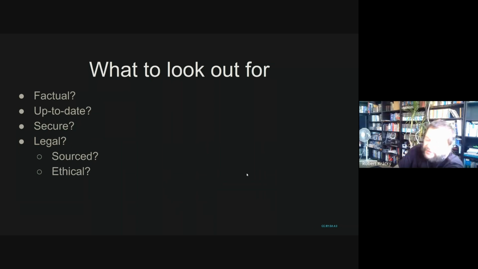Everybody knows that generative large language models can take a prompt and output some information. That information can be useful. It may not be useful, but there are certain considerations that need to be taken into account if we were to be using the output for documentation. Now, let me preface it by saying that these considerations are nothing new, and they're nothing specific to AI or to large language models.